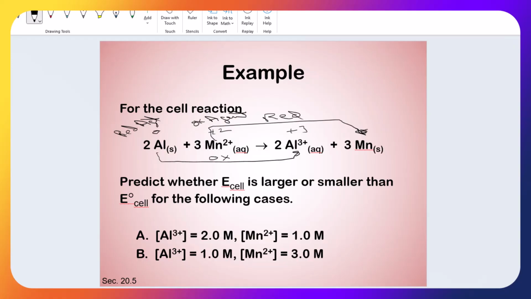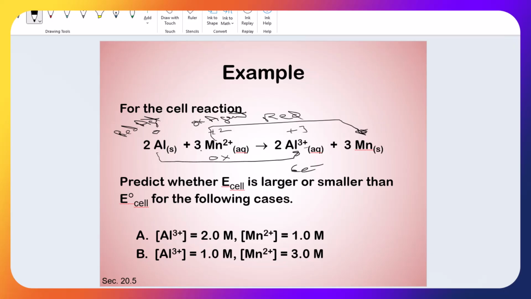Okay, so here's the deal. And by the way, 6 electrons are being exchanged here. The way you can tell is 2 times 3 is 6, and 3 times 2 is 6. So 6 electrons are being transferred. That might come in handy somewhere.